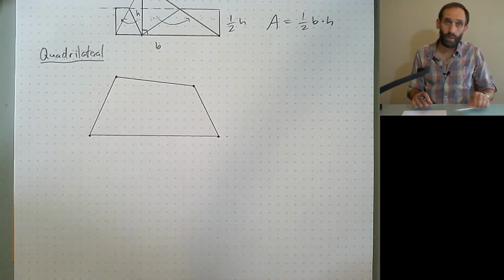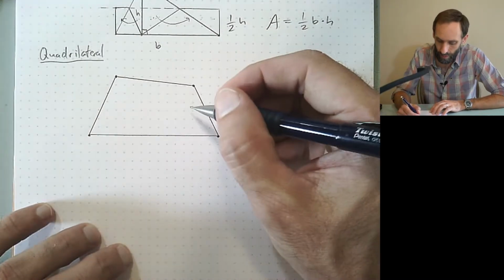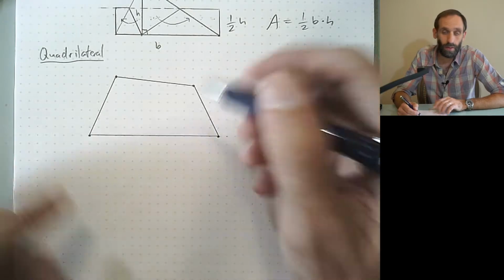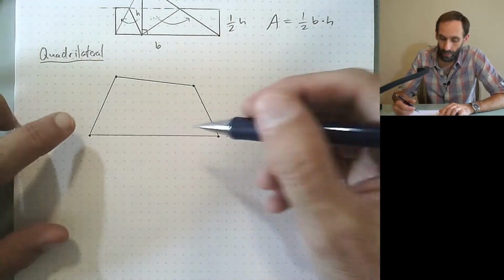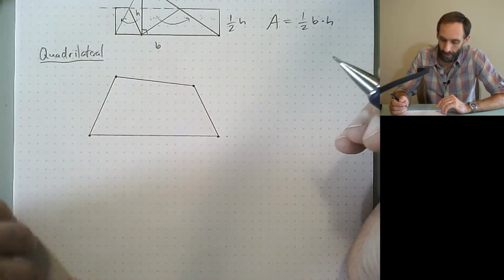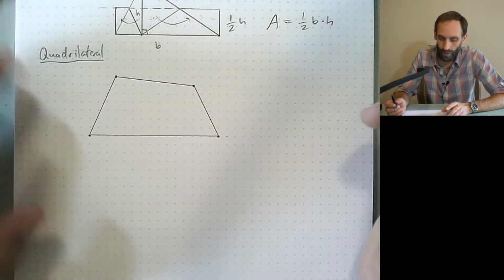Okay, so this is a much more challenging shape to find a formula for. If you want to find the area of this shape, the formula is much more challenging. There are a few different things you could do, right?